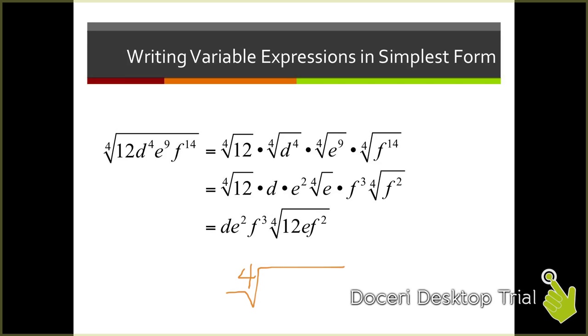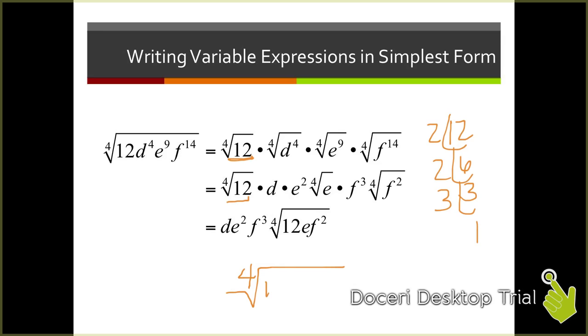So for example here, the fourth root of 12, it's not a perfect fourth power. It doesn't have a perfect fourth power factor in it because 12 is just 2, 2, and 3, right? So no groups of 4 there at all.